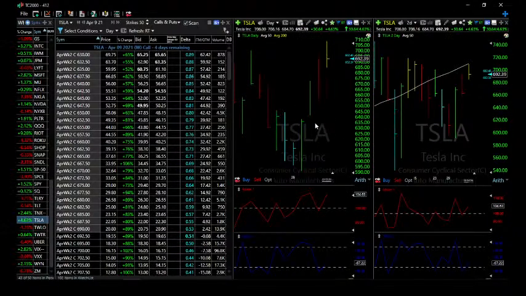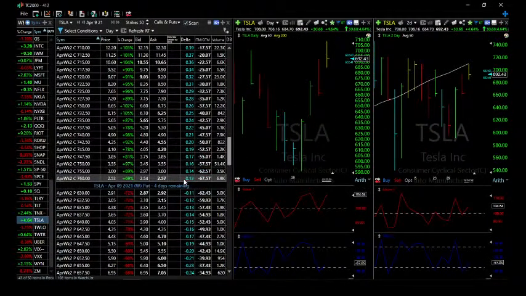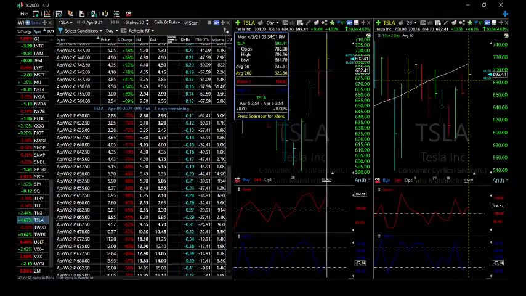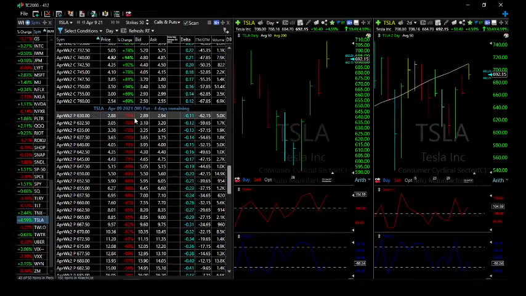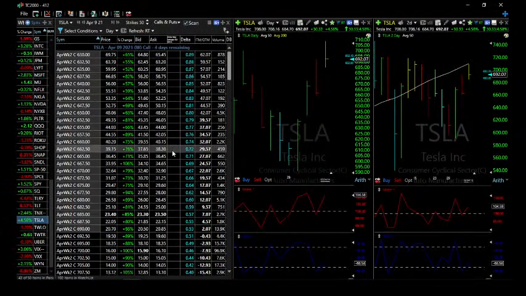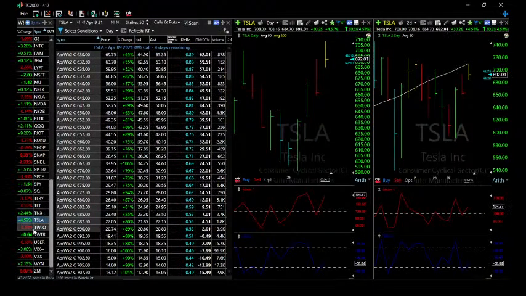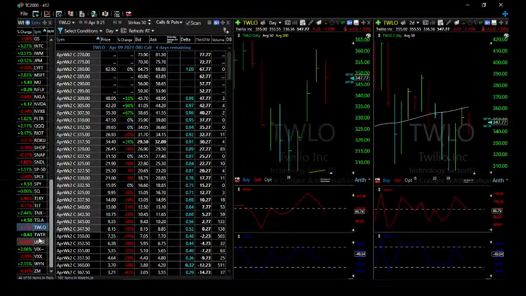Tesla. Look at Tesla. Tesla is at 692. The 630 strike is at $289. So I'm going to bet another one of those expensive stocks.